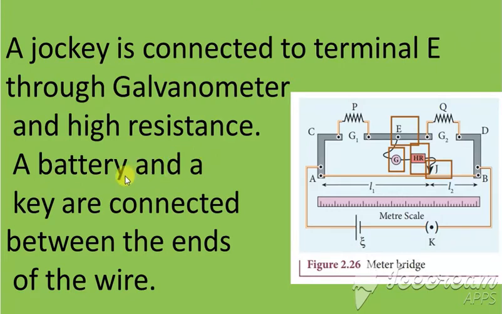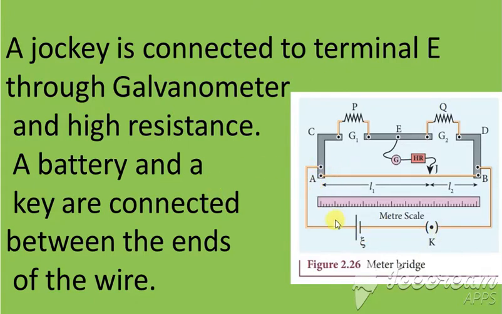This is a battery and this is a key, and these two are connected between the ends of the wire. So through these ends we are connecting a battery and a key. So what we are considering here is the jockey, which is connected to the terminal E through the galvanometer and high resistance, and a battery and a key connected to the ends of the wire.